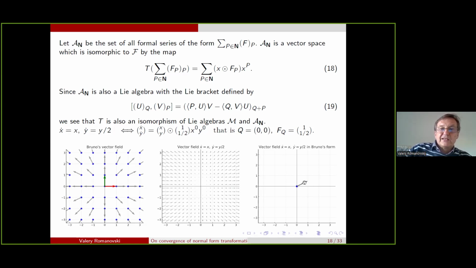So you can draw this vector field using just such an arrow. Because we have only one arrow, but if we have many arrows, then it goes in this way.